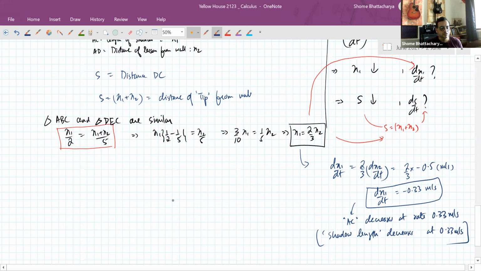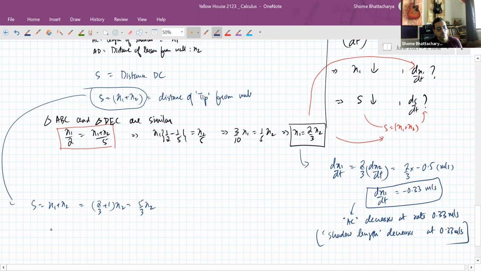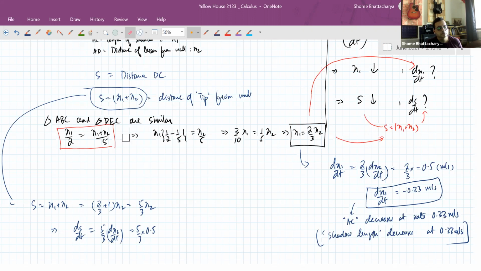Whereas now using this relation that S is equal to x1 plus x2, you can write this as ds by dt, with the minus sign.